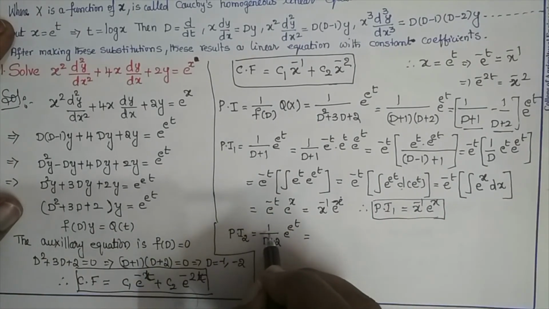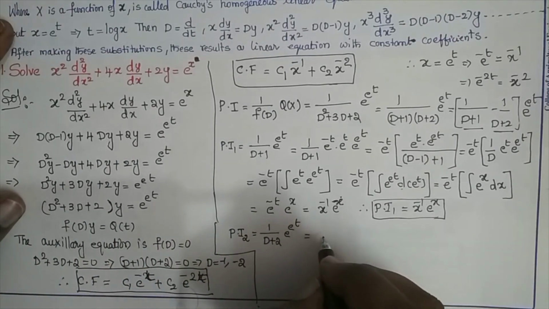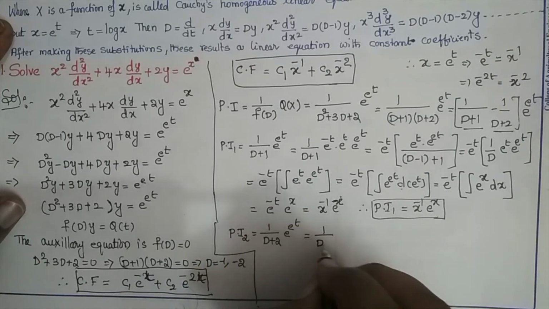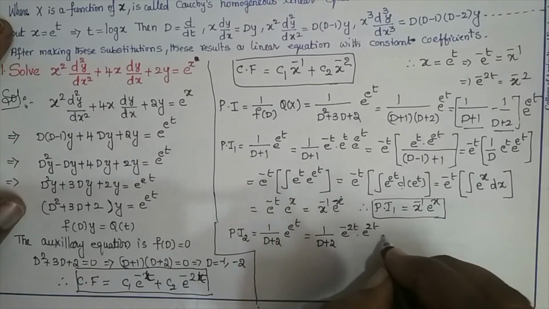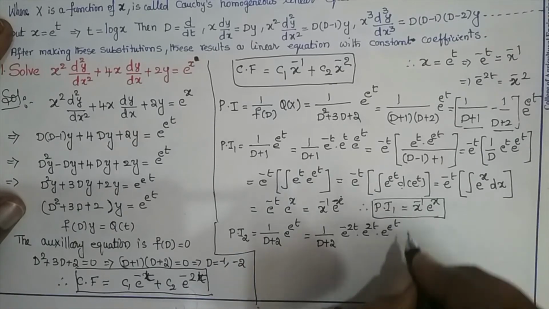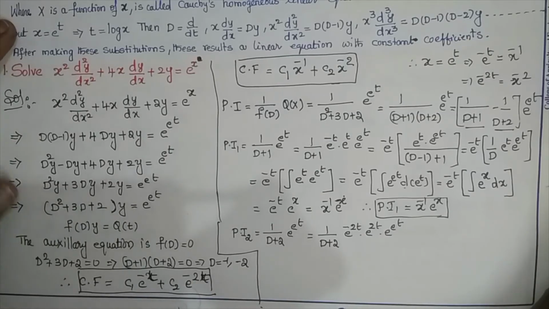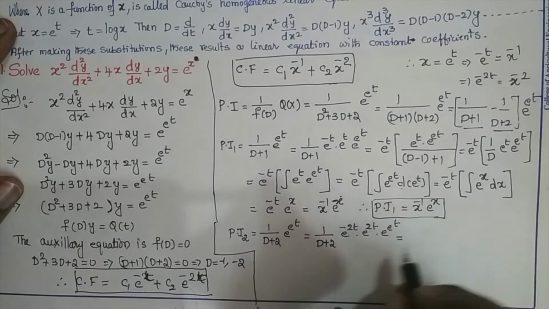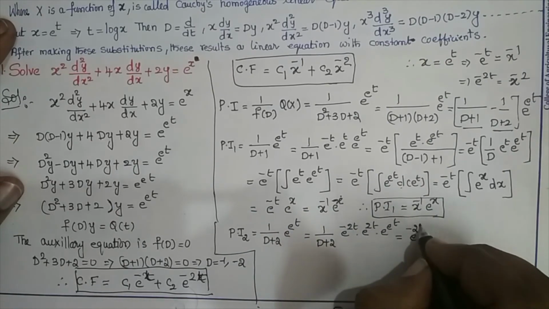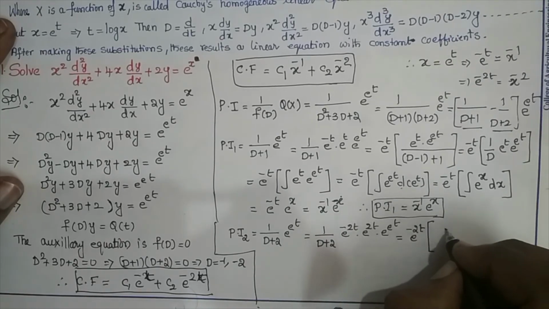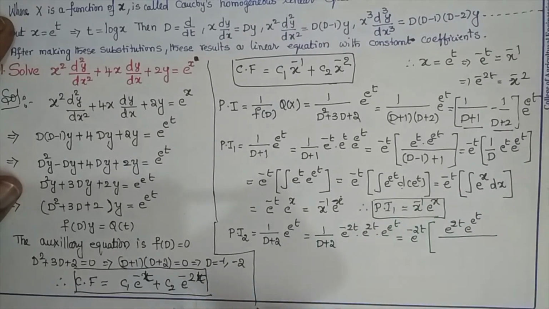I can imagine 1 is e^0. e^0 can be written as e^(-2t) into e^(2t). 1 by D+2 into e^(-2t) into e^(2t) into e^t as it is. I can imagine this one without disturbing the mathematical rules. So again I am applying type number 4. I can write e^(-2t) here, e^(2t) into e^t by, what is the replacement here?